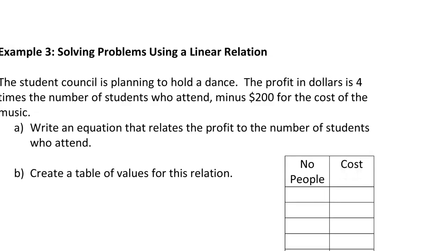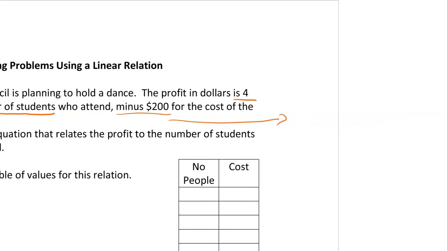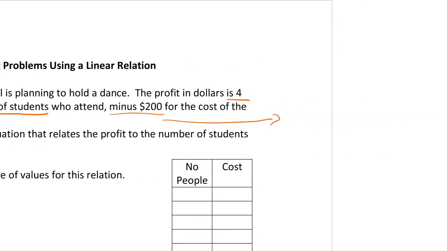Well, it says the profit in dollars is 4 times the number of students, and it is minus 200. Minus 200 is going to be telling you what your initial value was.